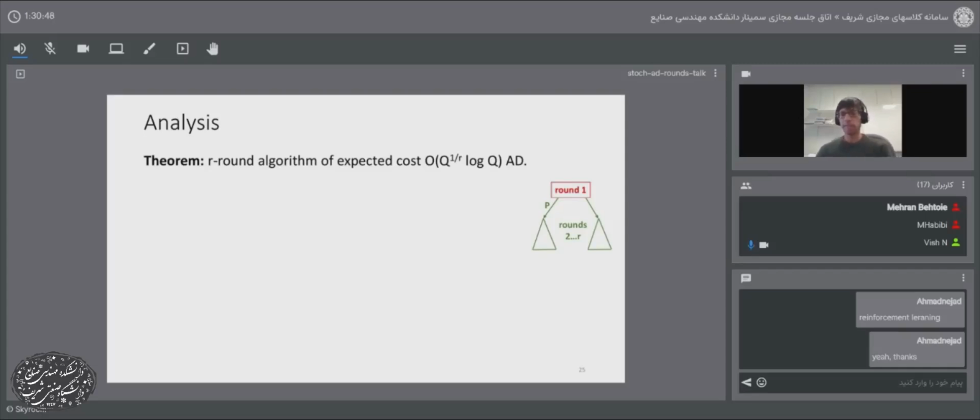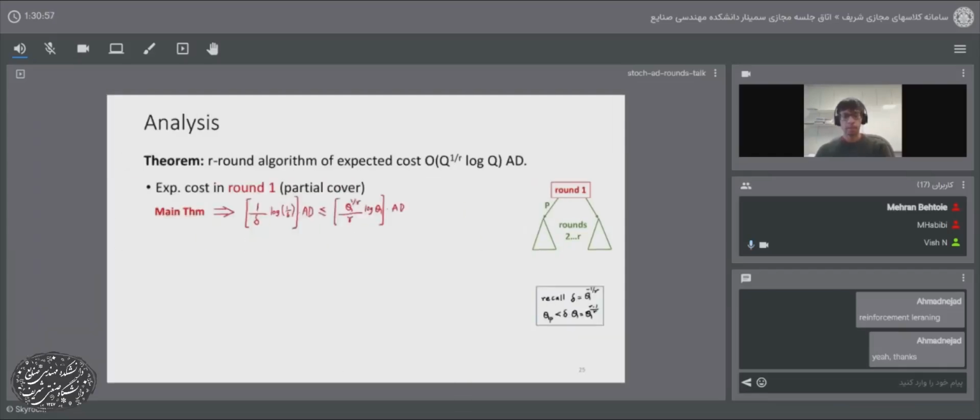So again, we have round one, which just follows what the non-adaptive partial covering algorithm does. And if we use that result directly, if you remember, there was this factor of 1 over delta times log 1 over delta. That was the approximation factor for the non-adaptive algorithm.